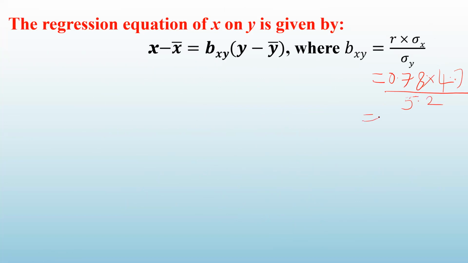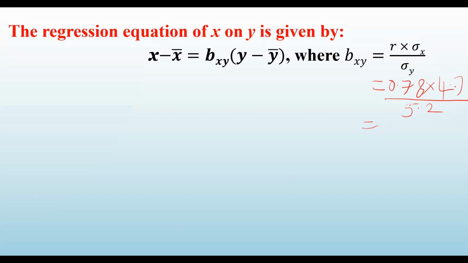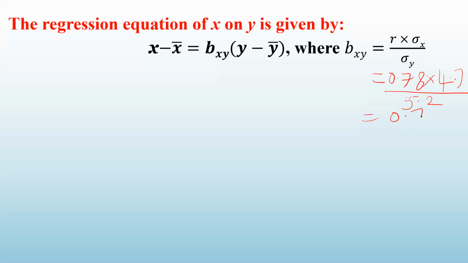So calculate this value. 0.78 into 4.7 divided by 5.2. What is that? 0.78 multiplied by 4.7 divided by 5.2. So you get 0.705. You have to take up to 2 decimal places, and the third digit is 5. Whenever the third digit is 5 or more than 5, we increase the second digit by 1. So it will be 0.71. So this is 0.71. Okay. So we have calculated the value of bxy.